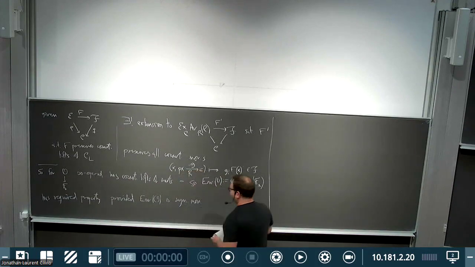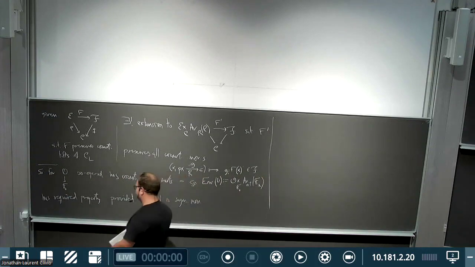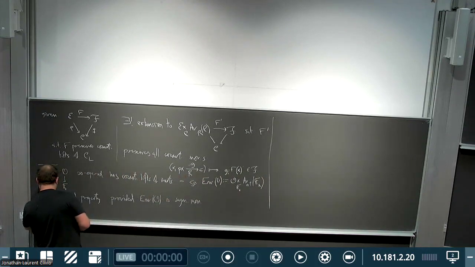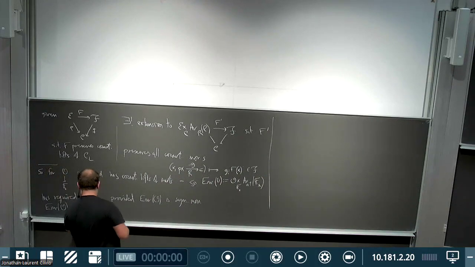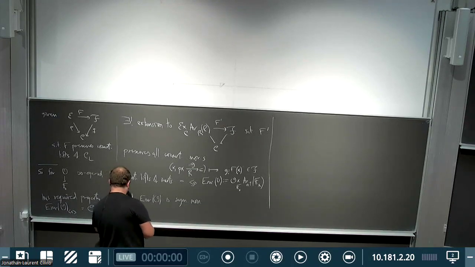And well, it is. If you look at what's going on, if I take the fiber of the envelope over n, then that's going to give me O plus over F star with active arrows in F star over n.